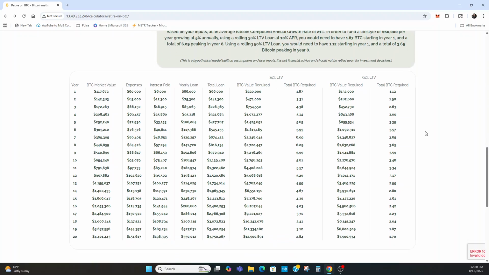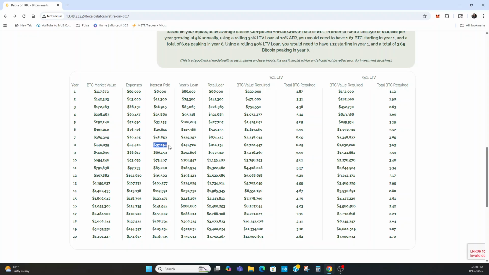So that's why what happens here as we go to, say, let's look at year 8, right? Based on our 21% CAGR, Bitcoin's market value in year 8 is almost $450,000. Our expenses are up to close to $85K.